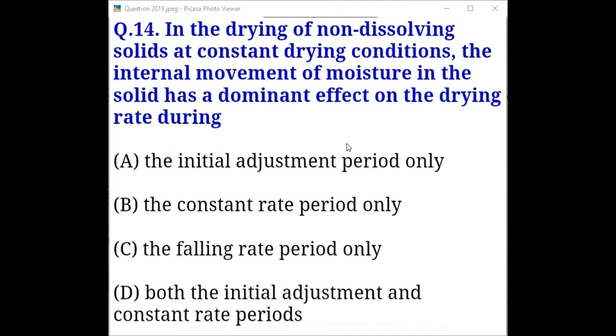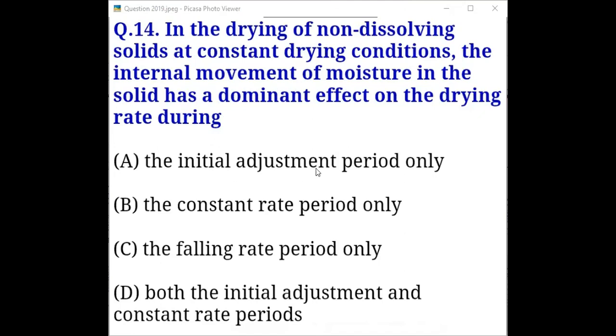The question is saying: in drying of non-dissolved solid at constant drying conditions, the internal movement of moisture in the solid has a dominant effect on the drying rate curve.